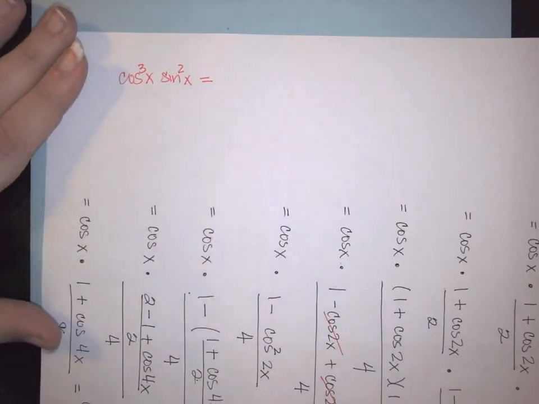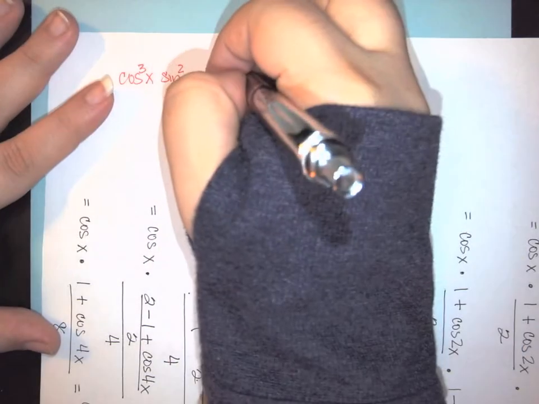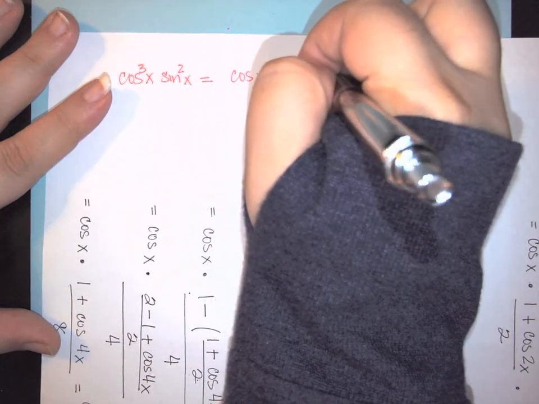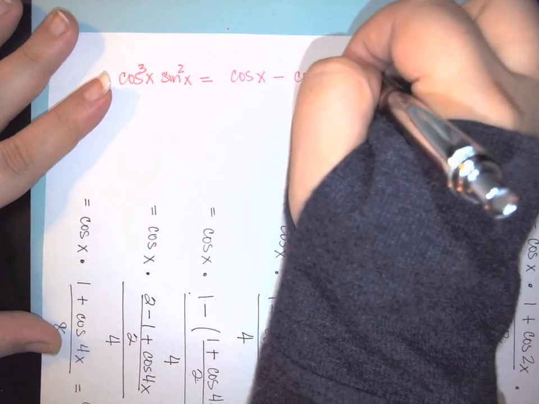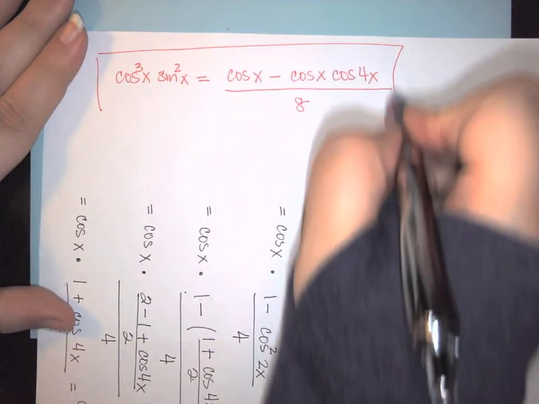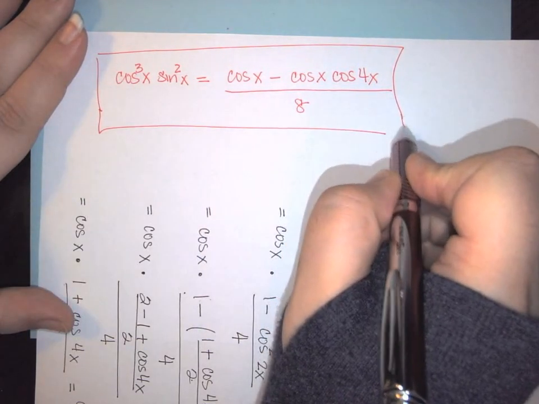We started with the cosine cubed of x, sine squared of x, and we have reduced that down to the cosine of x minus the cosine of x times the cosine of 4x, all over 8. And this was the result that we were looking for.